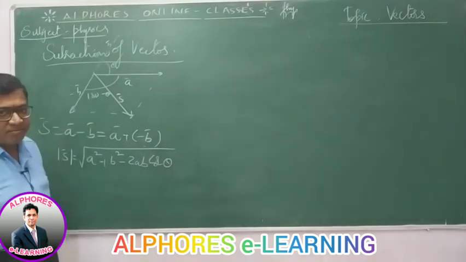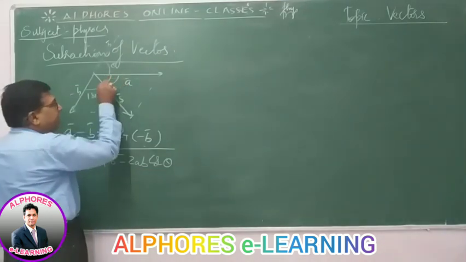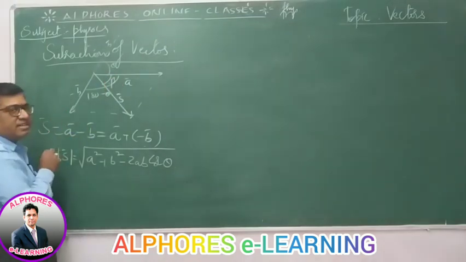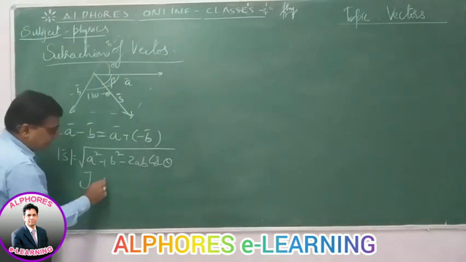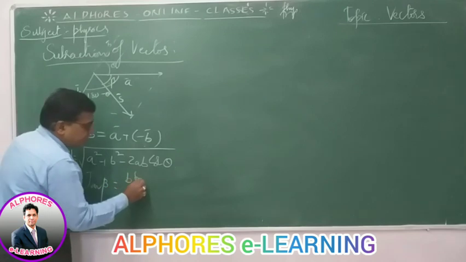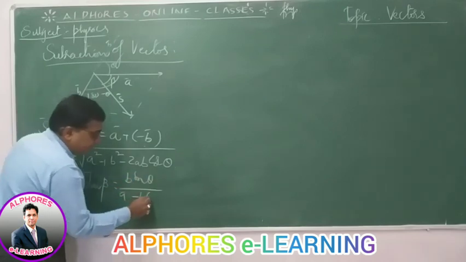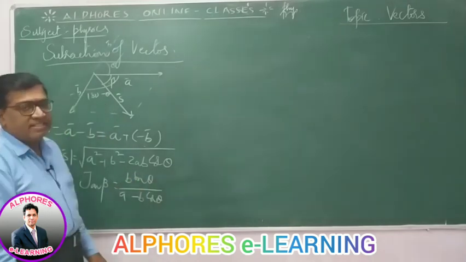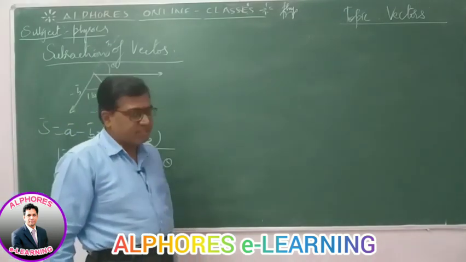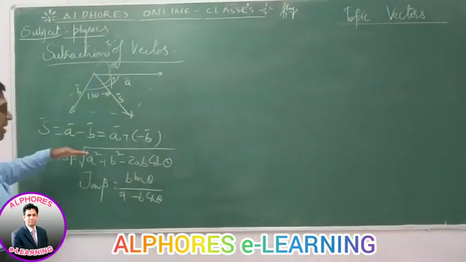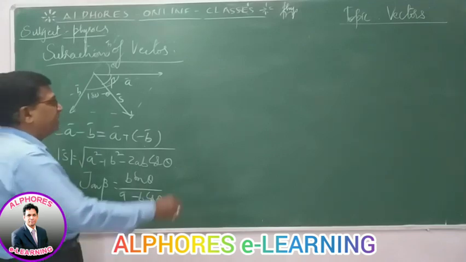I have simplified. Then the direction angle made by the resultant, tan beta, is B sin theta by A minus B cos theta. Mind you, theta is the angle between A and B, not A and minus B. So this is the magnitude and direction of the resultant of subtraction of vectors.